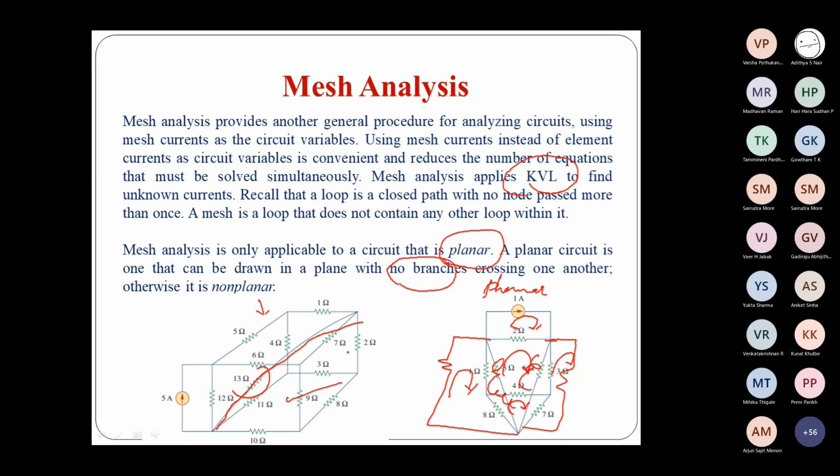I can redraw, but even if I redraw, see how do I join? It's going to cross only. So this kind of network is called a non-planar network. For these kinds of non-planar networks, mesh analysis is not suitable. But nodal analysis doesn't have any restriction like this. So we can go for nodal analysis for such non-planar networks.